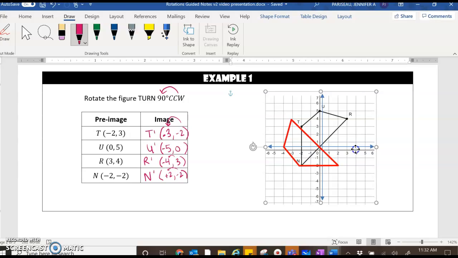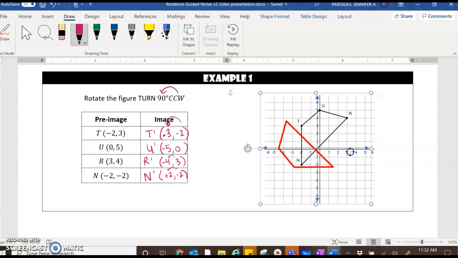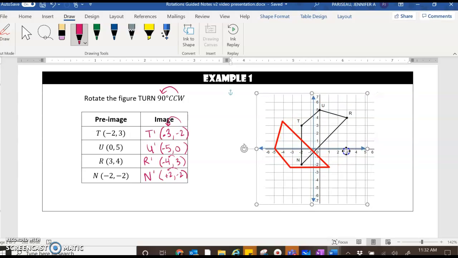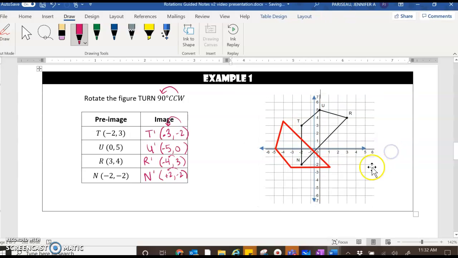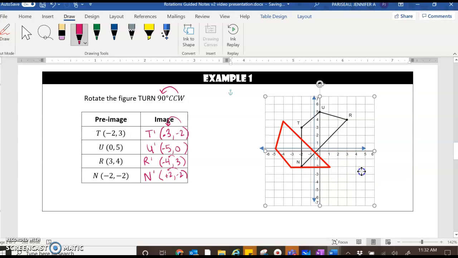N is 2. Let's see, we're supposed to be at here. Oh, it's because my figure is not wanting to line up. That's cool. That's a horrible demonstration. I was trying to show you that the turn would work that way. But you get the idea.